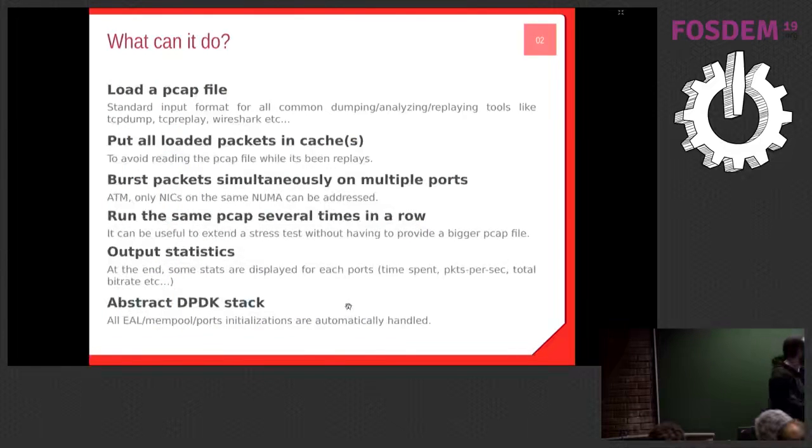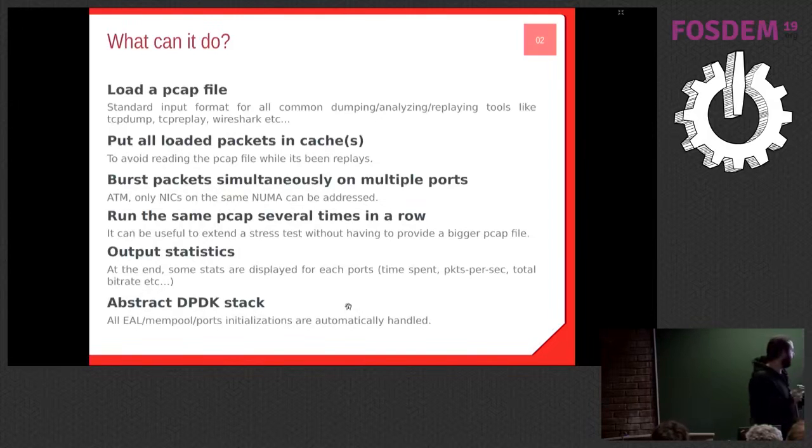So, what can it do? First, it can load a pcap file. Pcap is a standard format for all the network dumps. We put all the packets in cache to be able to send them directly without reading them from the disk drive.